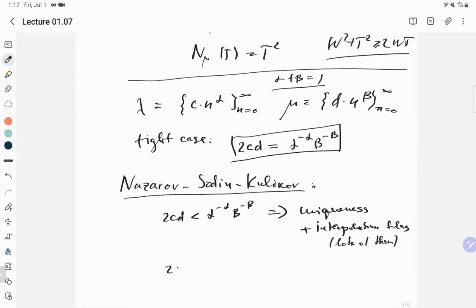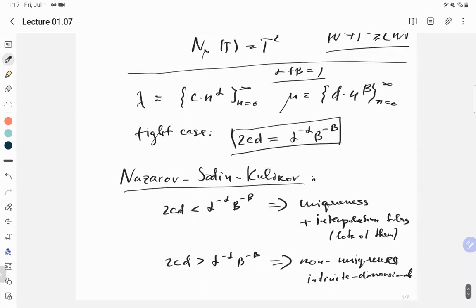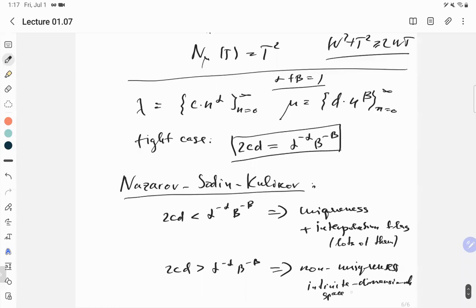In the opposite case, when the constants are bigger than this critical case, there's non-uniqueness. Again, there are lots of functions which vanish on these sequences, so there is an infinite dimensional space in the kernel, the space of f vanishing on both sides.